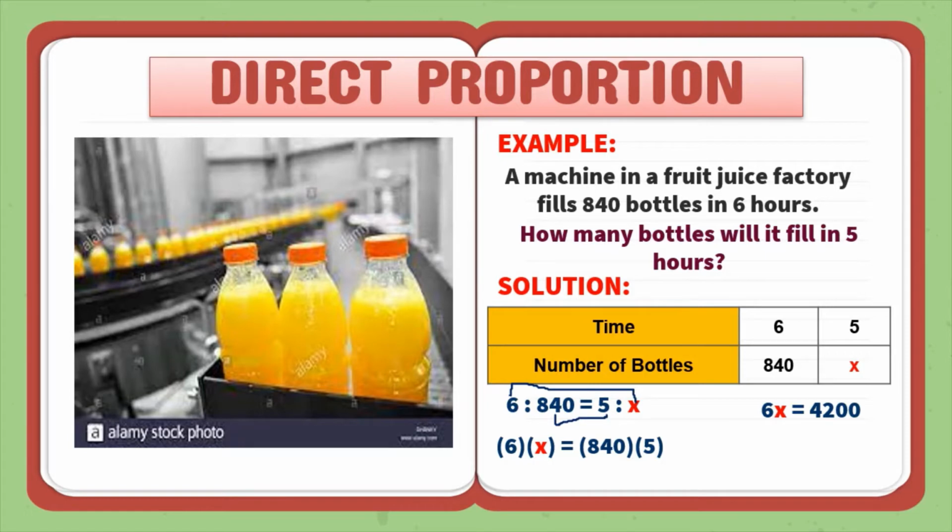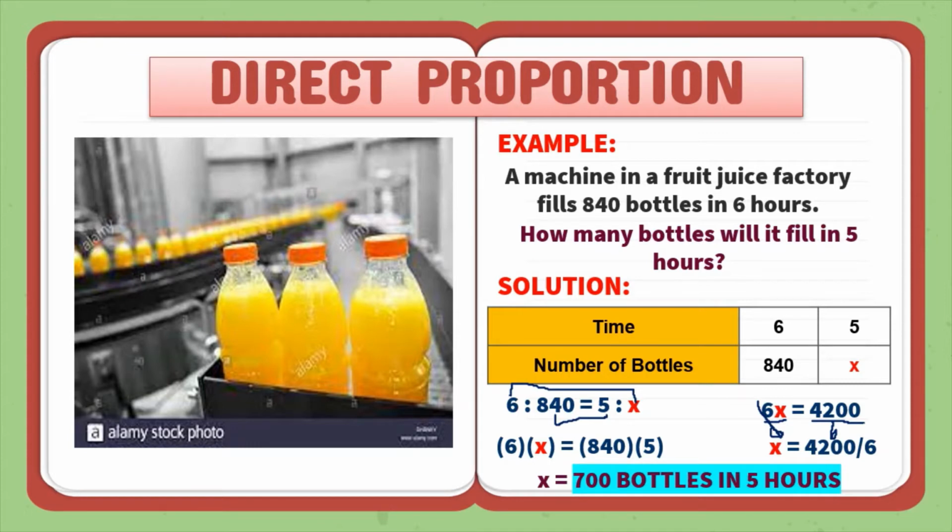Then, 6 times x, that is 6x. 840 times 5, that is 4,200. Then, we will divide both sides by 6. Then, 6 divided by 6, that is 1 or x. And then, 4,200 divided by 6 is equivalent to 700 bottles in 5 hours.